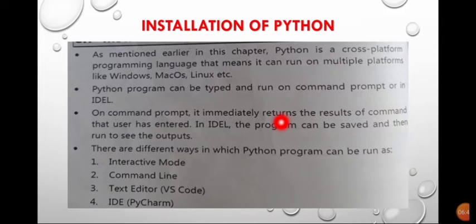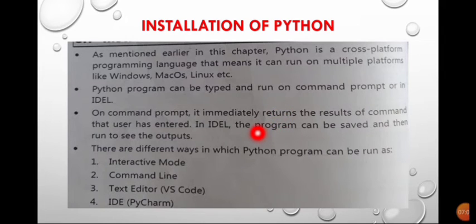That means it can run on multiple platforms like Windows, Mac OS, that is Mac operating system, Linux operating system, etc. So a Python program can be typed and run on the command prompt or in IDLE. Get it? So a Python program can be run in both ways.